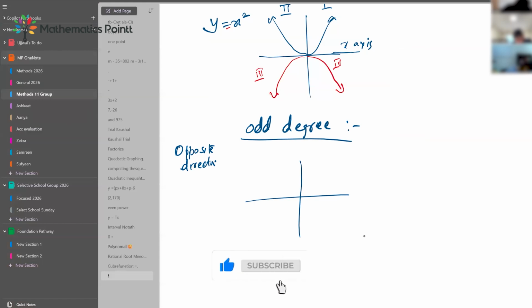For example, linear. Linear is a straight line. So if I say y equals x plus 1, let's say it's a linear equation, that's how the graph is going to look like. With x-intercept at -1, y-intercept as 1. You see the arms are in the opposite direction, first quadrant, third quadrant.